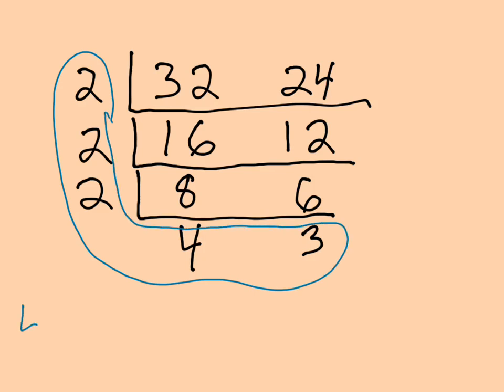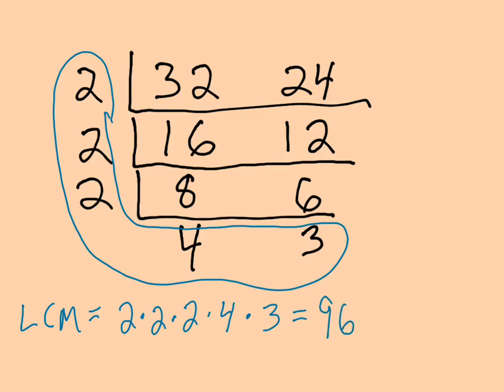The lowest common multiple is equal to 2 times 2 times 2 times 4 times 3, and in this case that happens to be 96. So the lowest common multiple of 32 and 24 is 96.